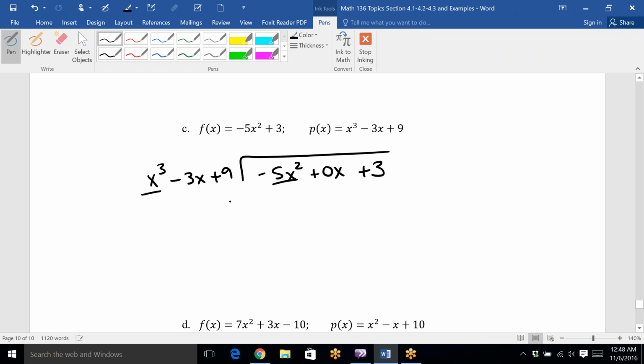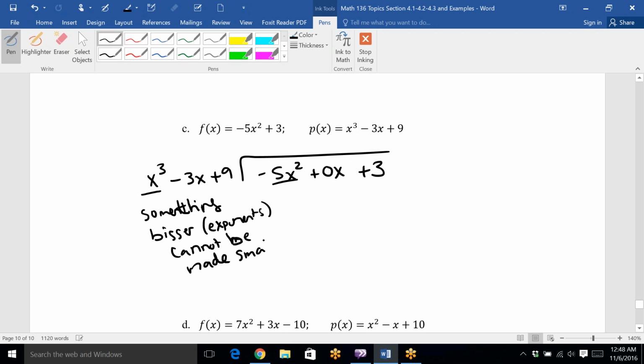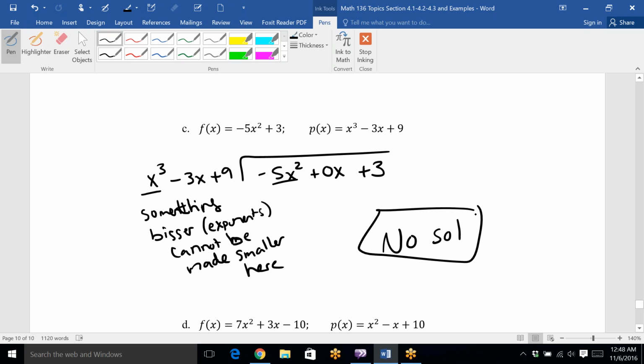But something bigger cannot be made smaller when we're doing long division. That's by exponents. It cannot be made smaller here. So that means this is actually a no solution case.